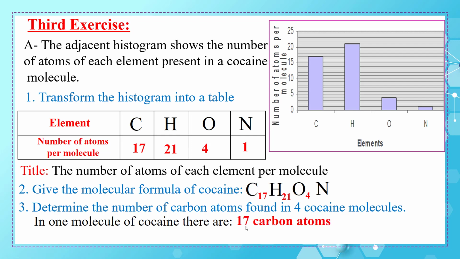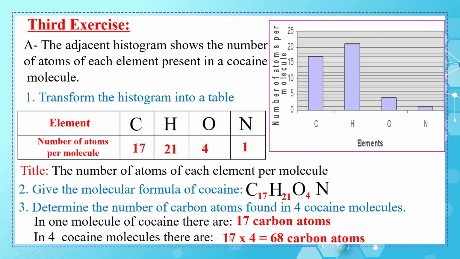Then we say, in 4 cocaine molecules, there are how many? We multiply the 17 by the number of molecules, which is 4. 17 by 4, 68 carbon atoms. Is it clear?